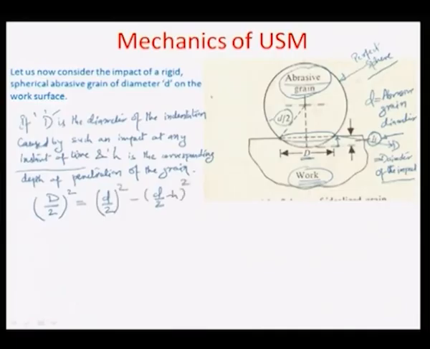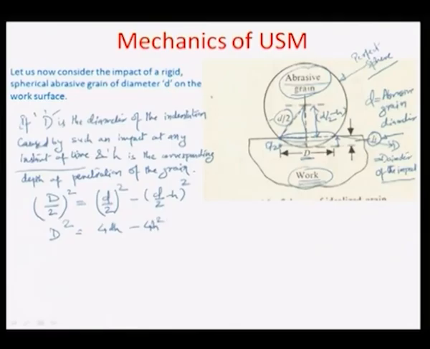Just by using Pythagoras theorem, you know that this height here is small d by 2 minus h. This side here is capital D by 2, so this is a right angle triangle, and we are simply applying Pythagoras theorem here. Calculating it further, the square of D can be represented as 4dh minus 4h squared.